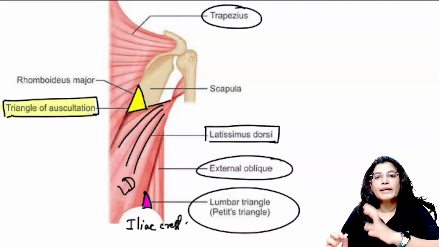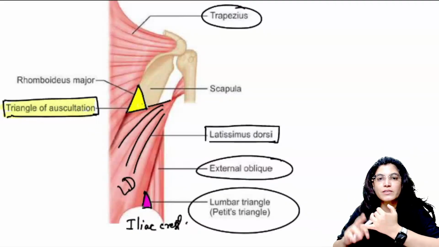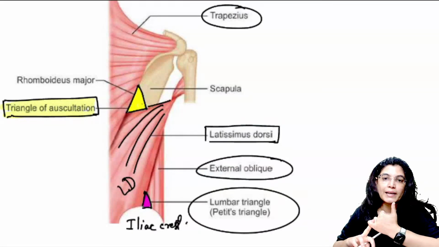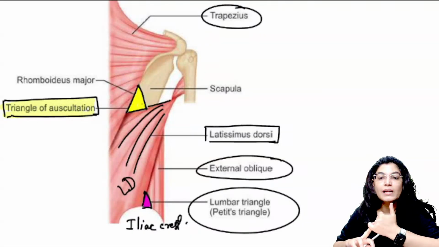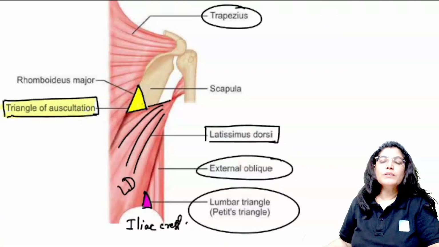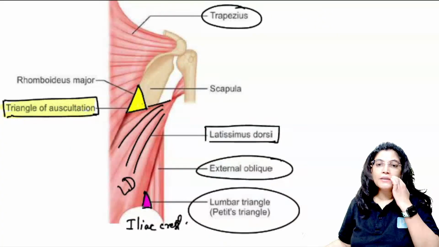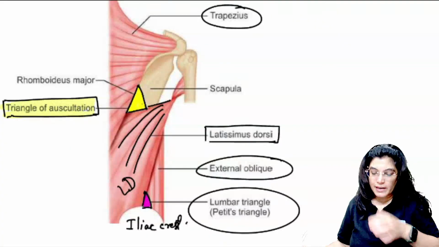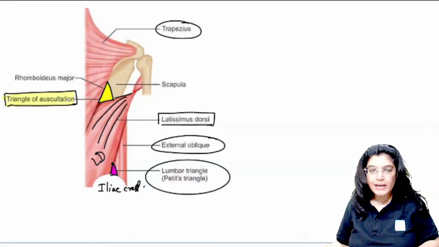So a triangular gap between the latissimus dorsi muscle, the external oblique muscle, and the iliac crest is called the lumbar triangle. It is also called Petit's triangle, and this is an area of muscular weakness through which there can be lumbar herniation. These are the two areas which you have to know.